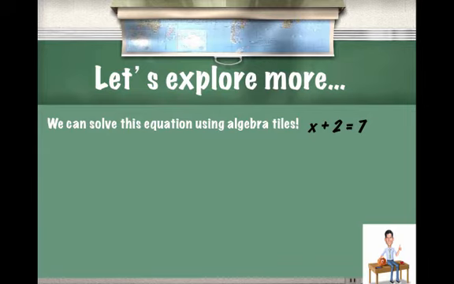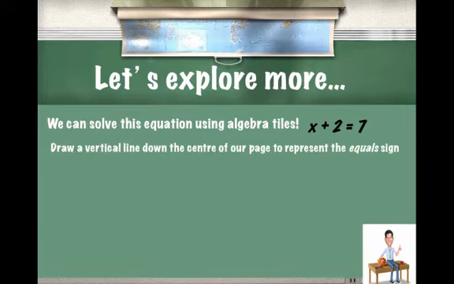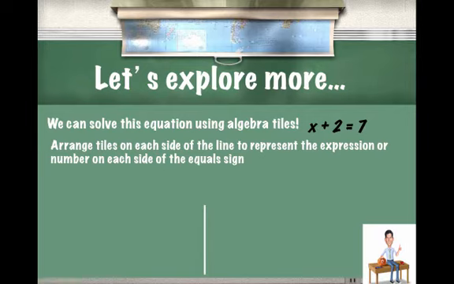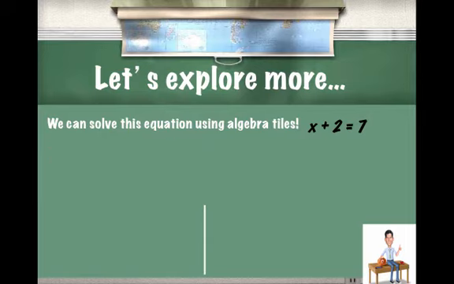We can solve this equation using algebra tiles. We draw a vertical line down the center of our page to represent the equal sign, and again from top to bottom, that's likely only about 2 lines long on your page. We arrange tiles on each side of the line to represent the expression or number on each side of the equal sign.